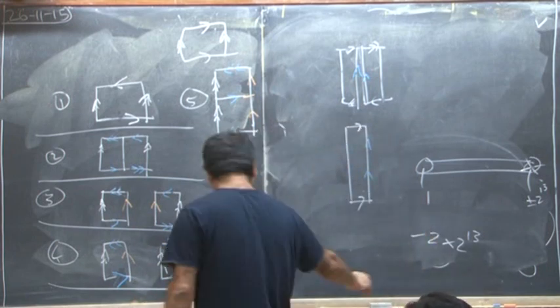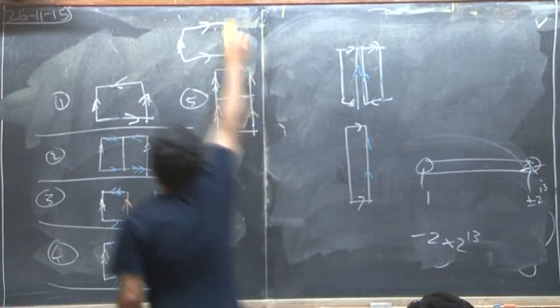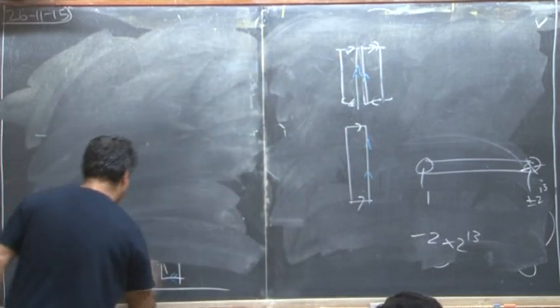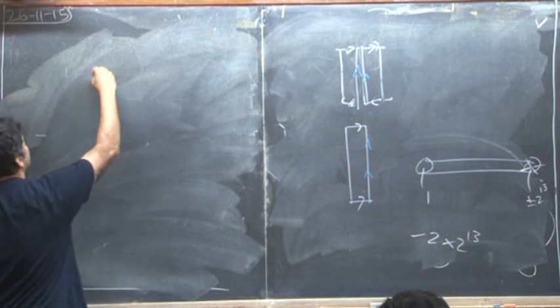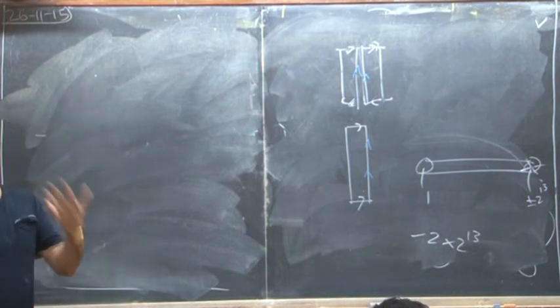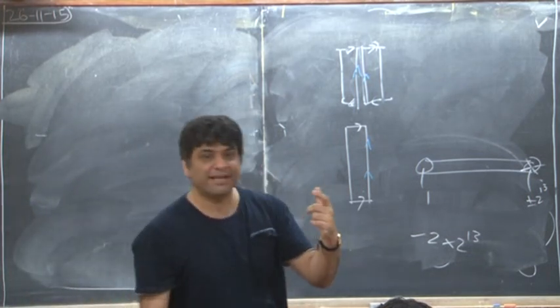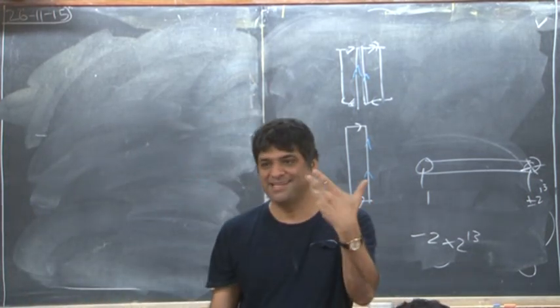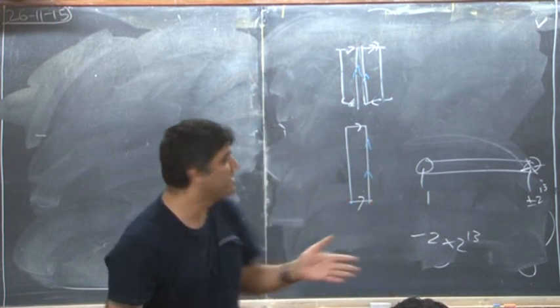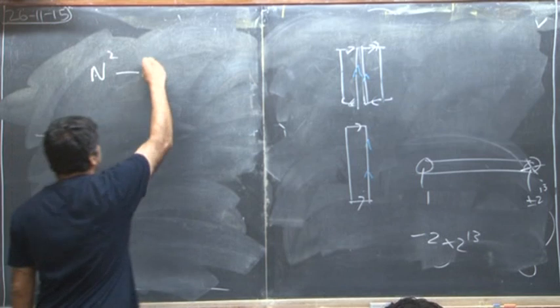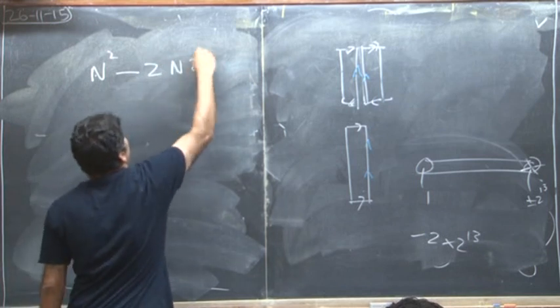Okay? And now you understand the formula that we have. The formula which I've written as 1 but it's actually n squared, because it's the Neumann. You see, Chan-Paton factors live on the Neumann boundary condition. So there was n squared minus 2n 2 to the power 13.